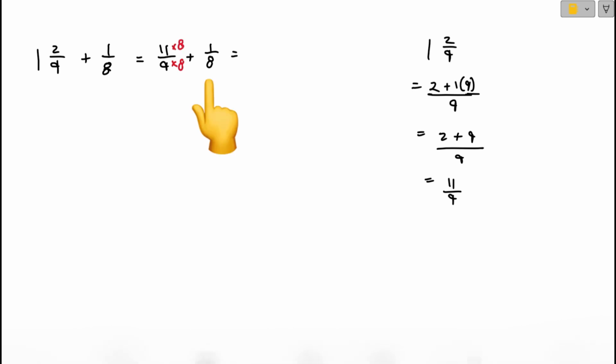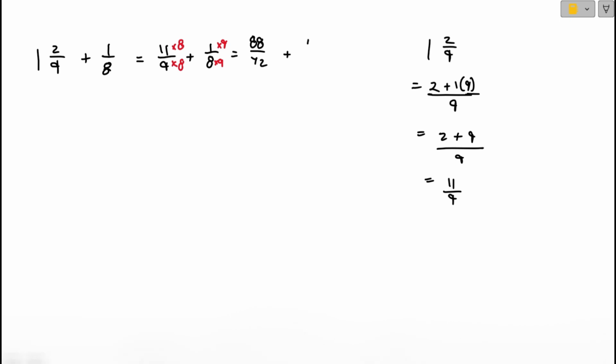And for this one over here, I'm going to do the same. Multiply this side with the denominator of this fraction over here. So it's times 9. So 9 times 8, we know that will give us 72. And 11 times 8 is 88.